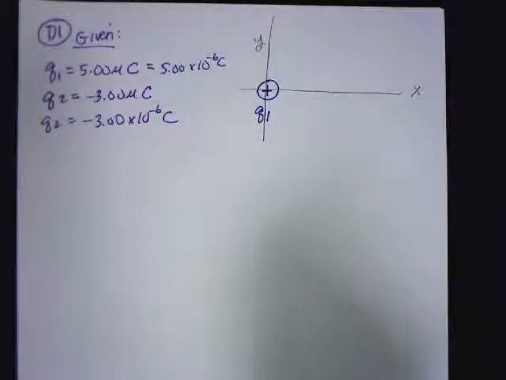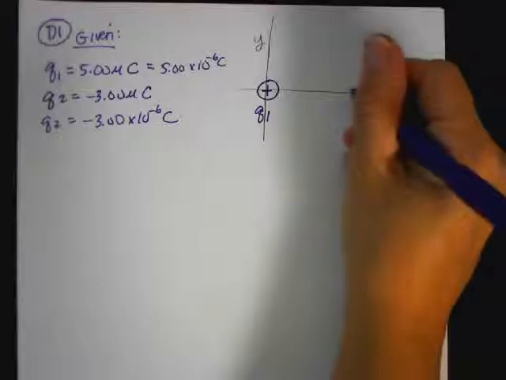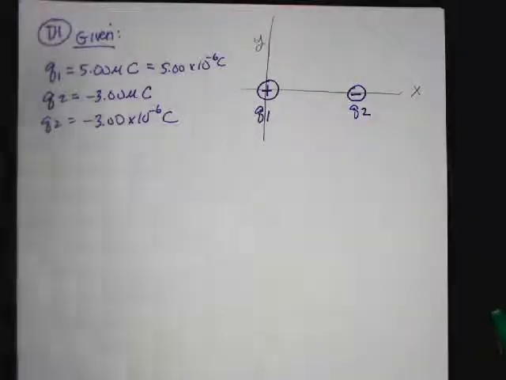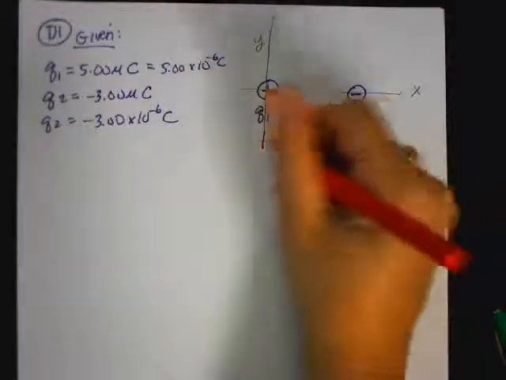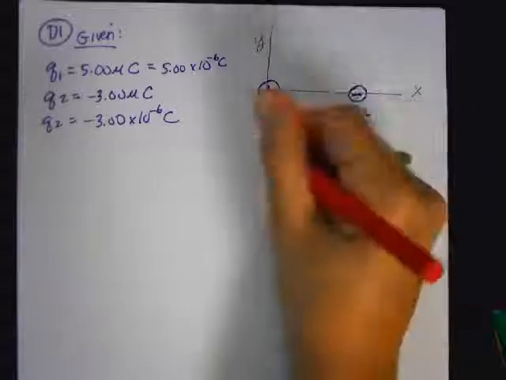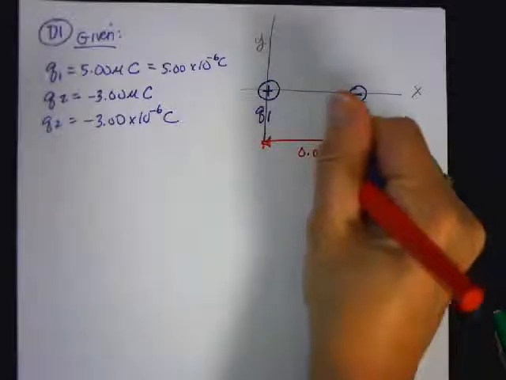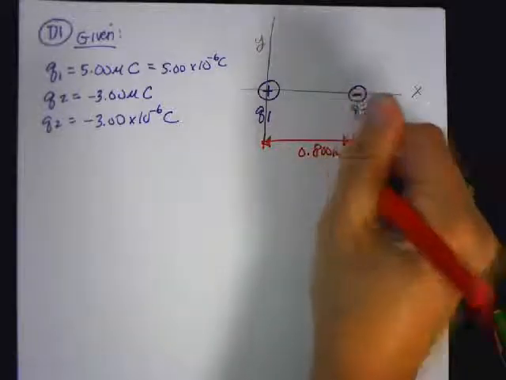They tell me the other one is 0.8 meters away, so I'm going to draw it over here. That's negative. This is Q2. What I know is the distance between these two is equal to 0.8 meters.